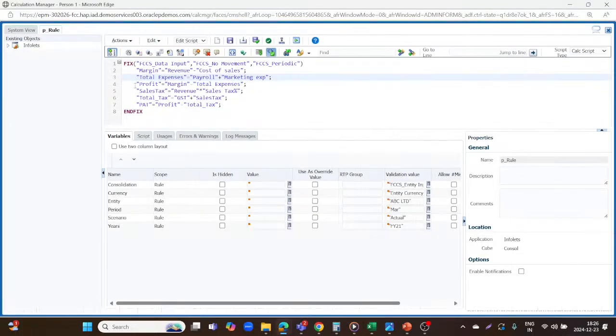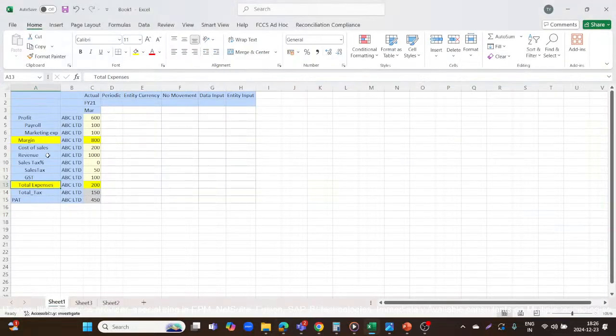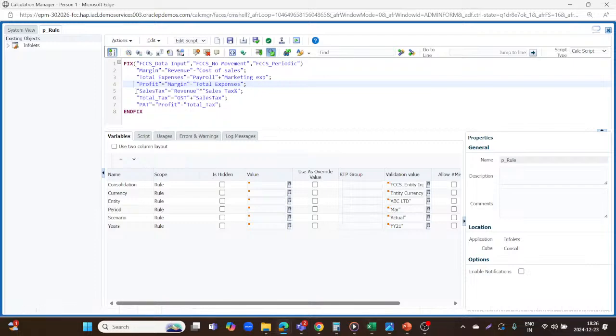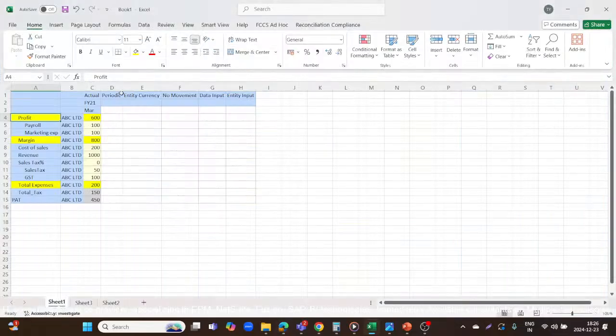Okay, third, we have given the calculation as profit equals margin minus total expenses. So we are calculating the profit number now. Margin minus total expenses should be 800 minus 200, which gives you 600. Then you have the sales tax calculation.